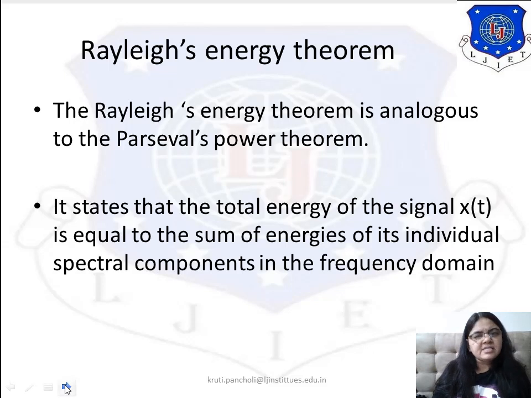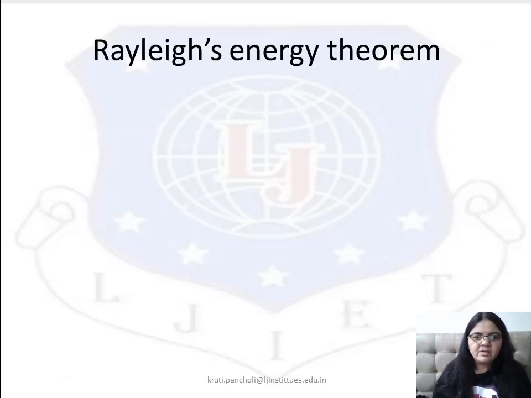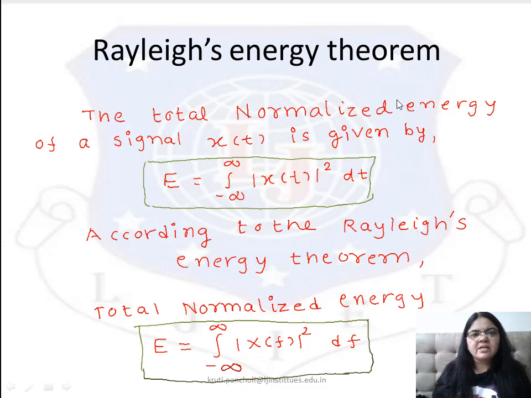It states that the total energy of the signal x(t) is equal to the sum of energies of its individual spectral components in the frequency domain. So the total normalized energy of a signal x(t) is given by E = ∫ from −∞ to ∞ of |x(t)|² dt.